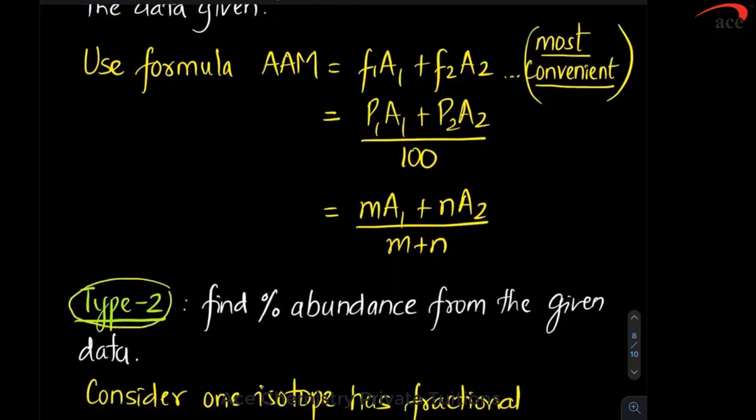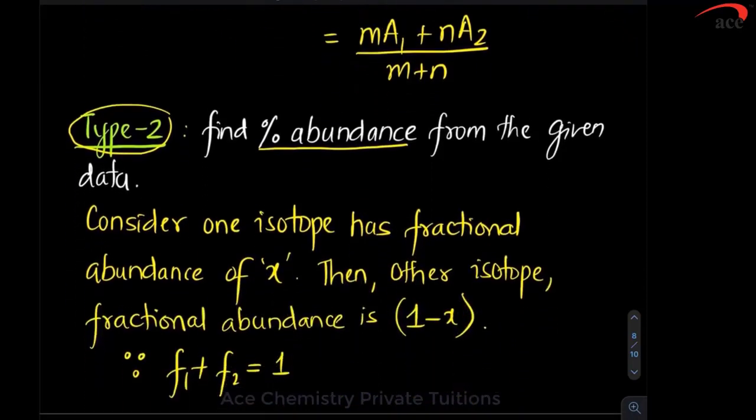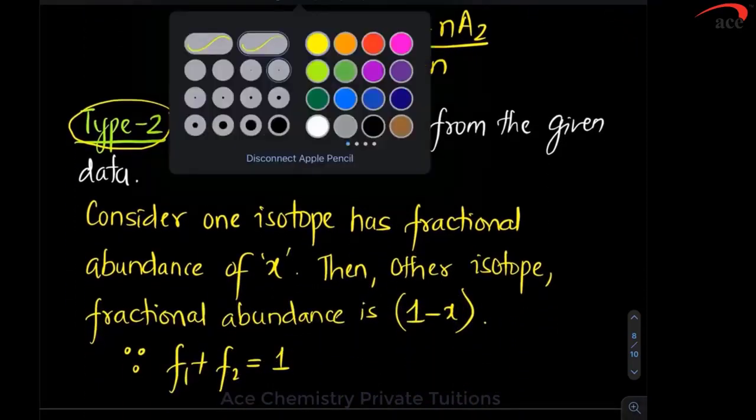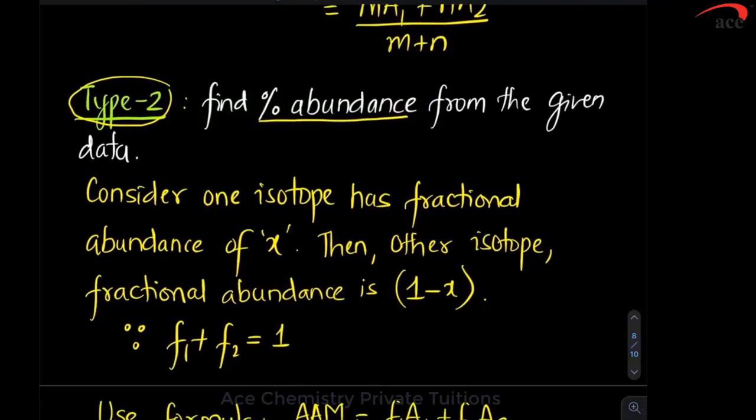This is one type of numerical. Another type of numerical is where they give you all the data, but now they ask you to calculate percentage abundance. If such a question comes up, then to do the second type of numerical, remember, take one fractional abundance as x. Yes, we are aware they ask you percentage. Still, we take the fraction because it is convenient. Let one fraction be x.